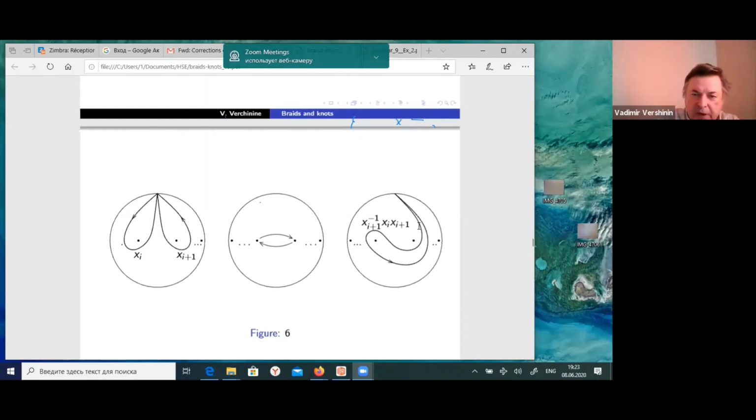It is not a loop around x_{i+1} anymore, but a loop around x_i. And if you read this loop, this is a loop in a disk, so it should be read as a word of x_i minus 1. So this is the following form.